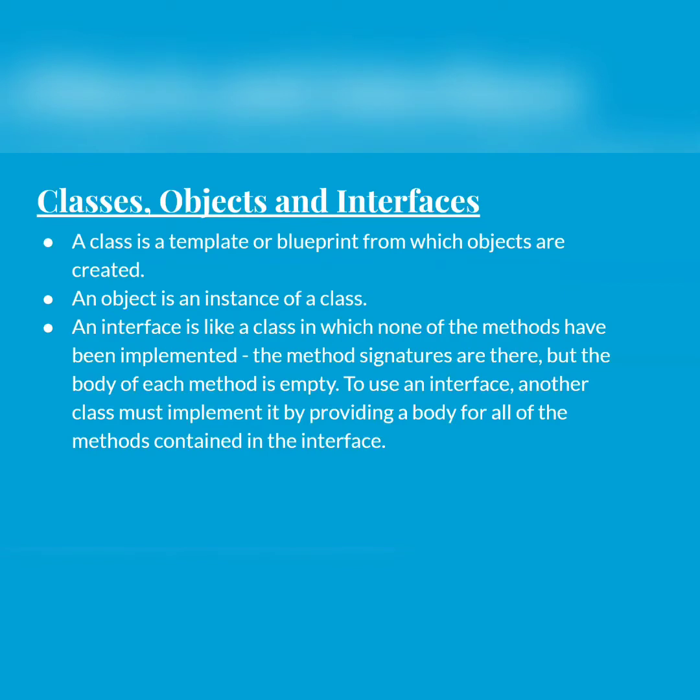In the interface, you'll simply define the signatures of the methods, and any class which implements that interface has to give the body for all those methods contained in that interface. So all those methods will get their body in the class which is implementing this particular interface.